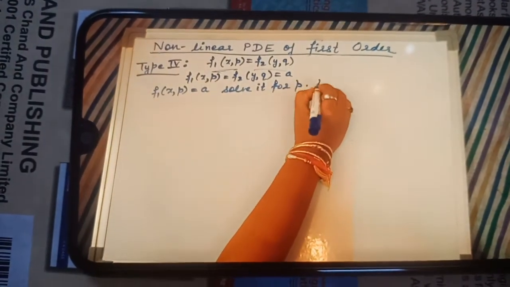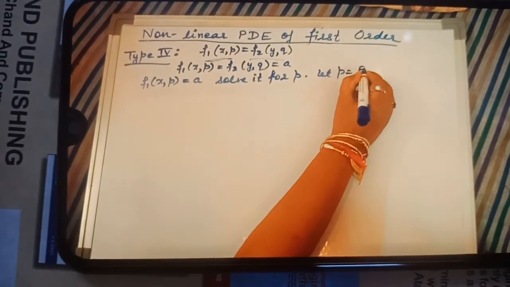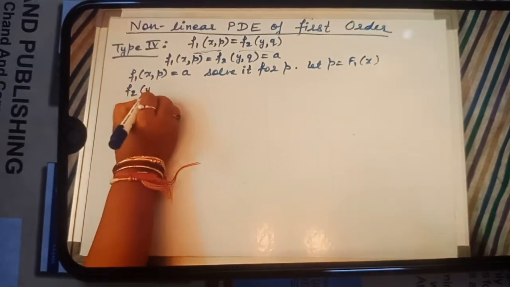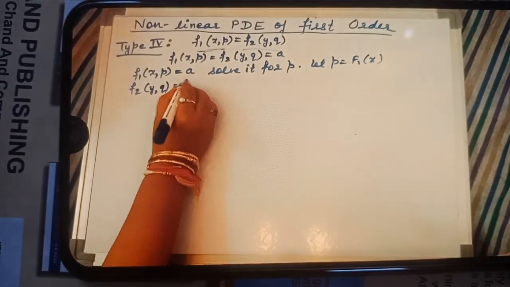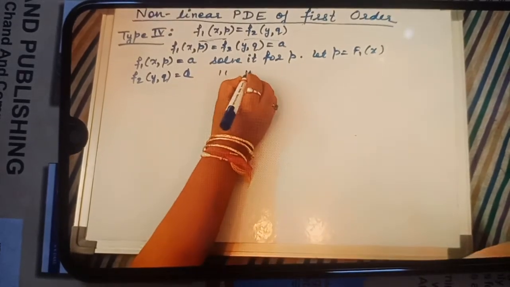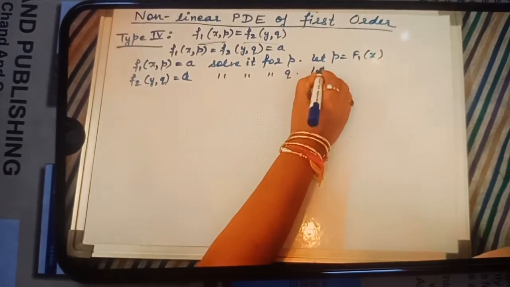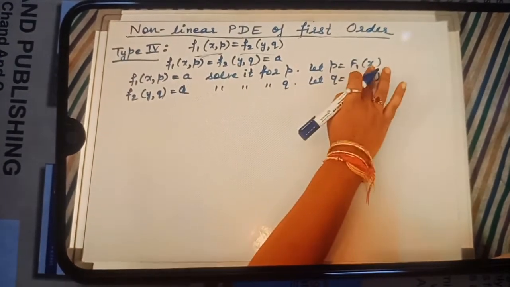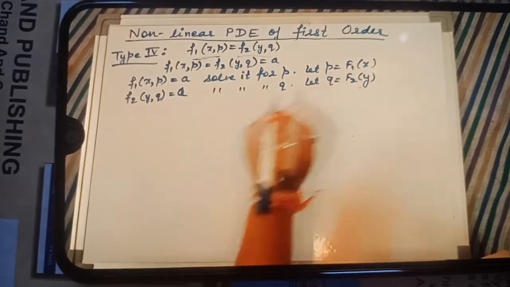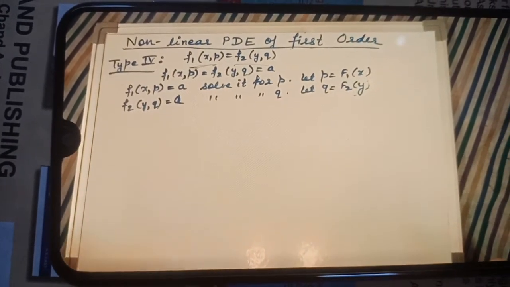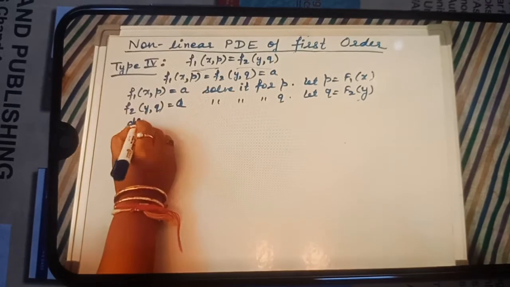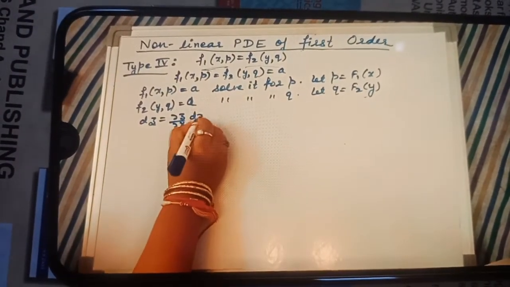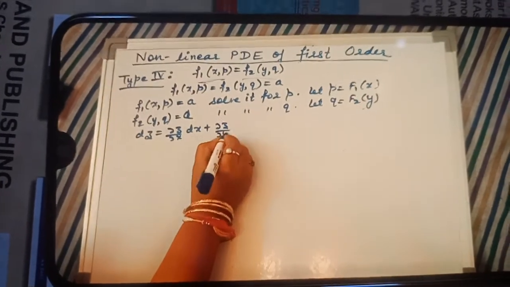ठीक है? Let p is equal to f1(x), and we will take f2(y, q) is equal to a, and we solve it for q. Let q is equal to f2(y). Okay, and then we have the equation in the form dz can be written as del z over del x dx plus del z over del y dy.